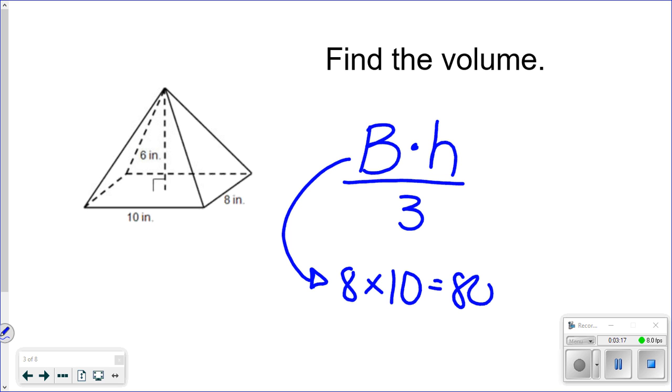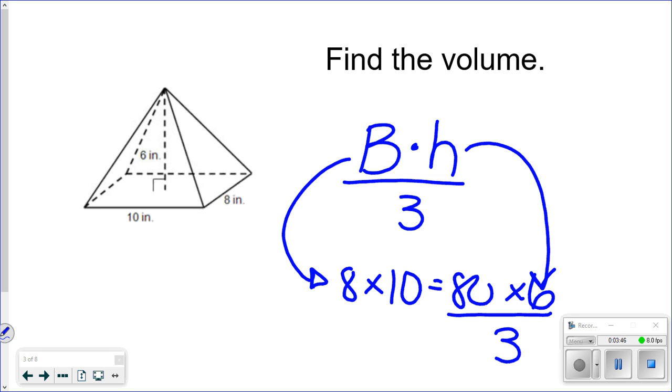Okay. Next, I'm going to multiply whatever the answer to my big B was times the height. What's the height of this whole pyramid? 6. Okay. Then I'm going to divide that whole thing by 3. So 80 times 6. 80 times 6.